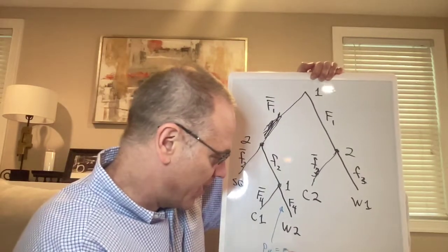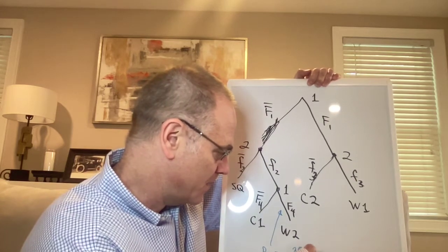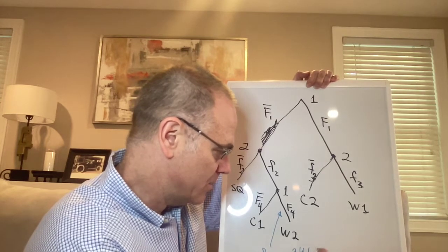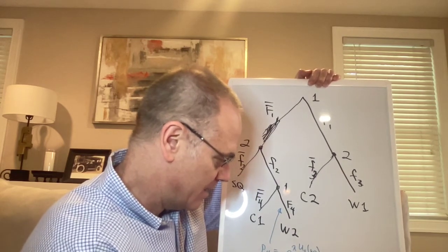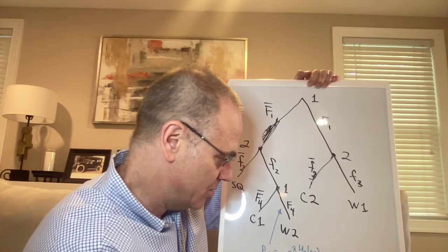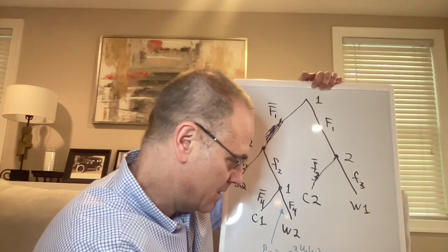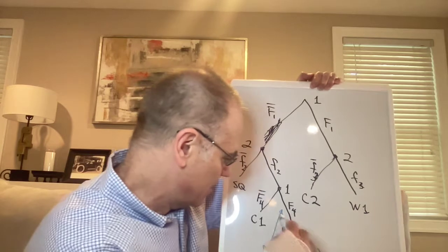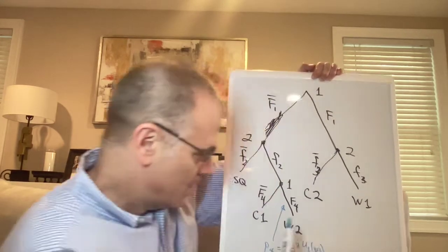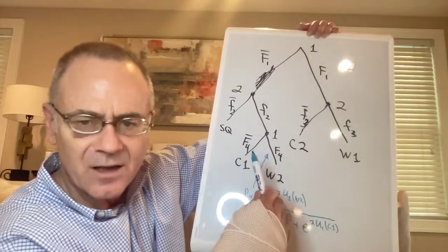And then we just wrote that that equals e to the lambda U1 of W2 divided by e to the lambda U1 of W2 plus e to the lambda U1 of C1. Okay, so that is P4.